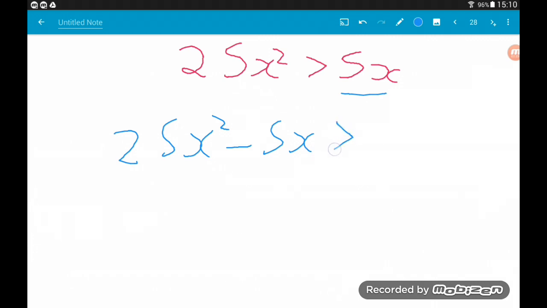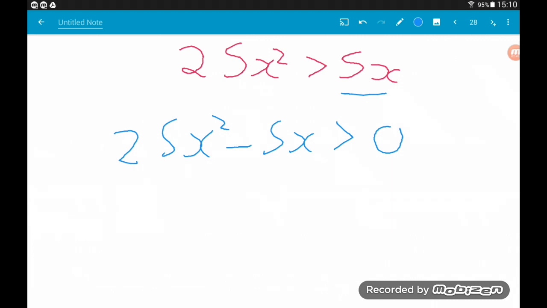is greater than 0. Now, we do have a common factor here that we can get rid of, and that is this factor of 5. You can happily divide constants away. If we divide by 5, we know 5 is positive, so it doesn't do anything mental to the inequality.